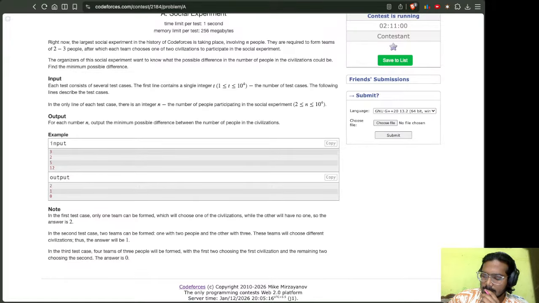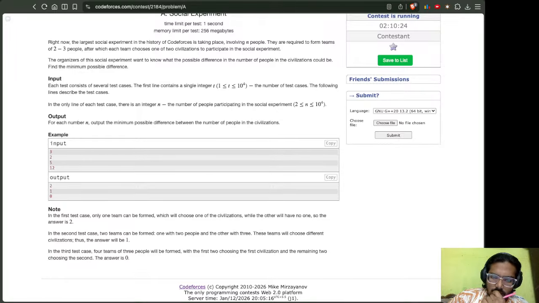Minimum difference. In the second test case, 2 teams can be formed, of 2 and 3.